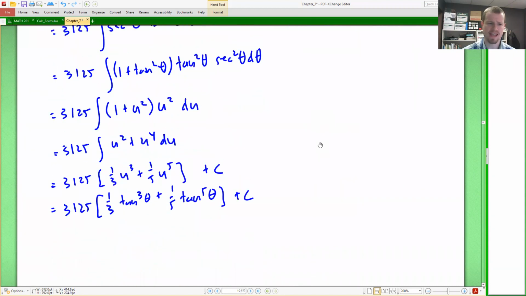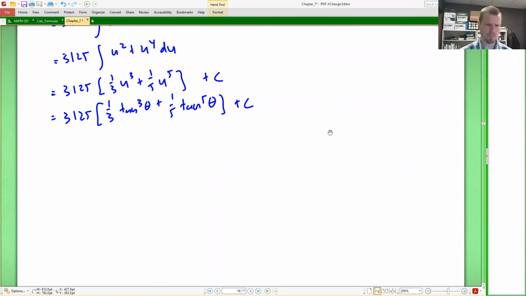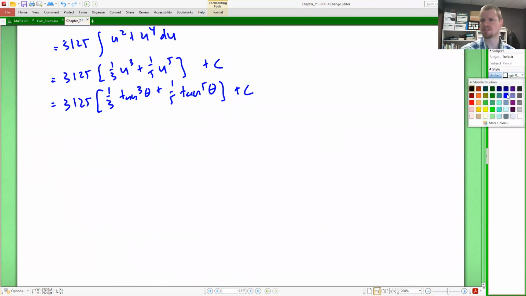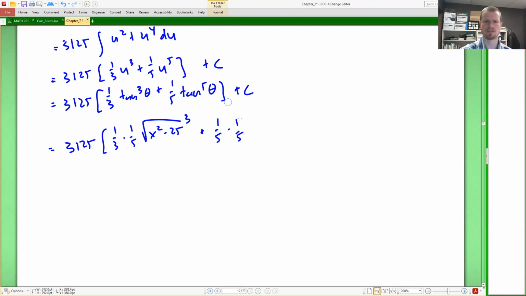So we want the tangent, right? Tangent would be opposite over adjacent. So this is 1/5 times that, this over 5, opposite over adjacent. So that is going to give us that this is equal to 3,125 times 1/3 times 1/5 of the square root of x squared minus 25 cubed, plus 1/5 times 1/5 times the tangent of theta.